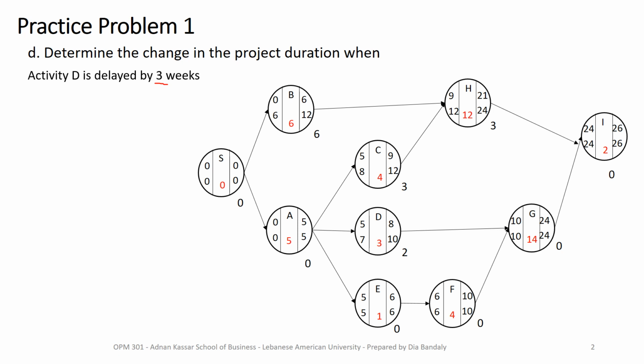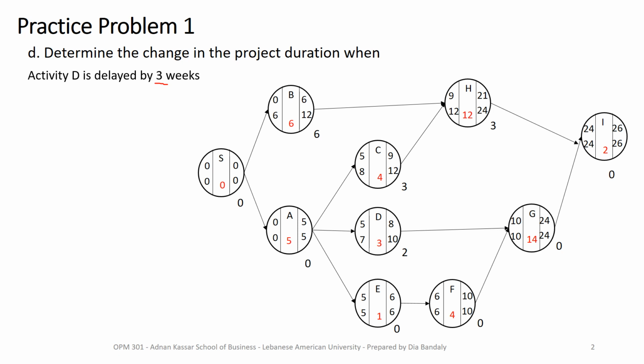A project manager is meeting with the contractor who is assigned activity D, and he's telling him that I have a problem in my machineries, or I have some shortage of resources, and my activity will be delayed. So the project manager wants to know what's the effect on the project.